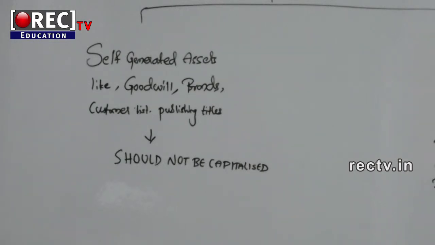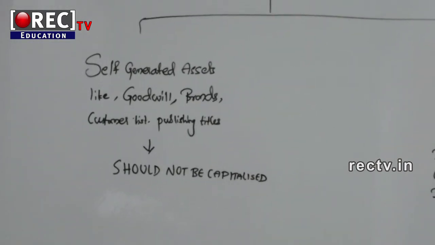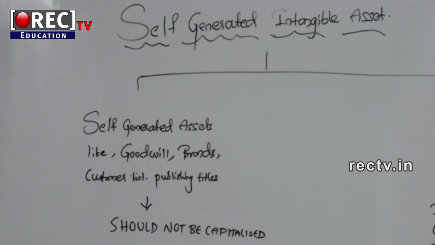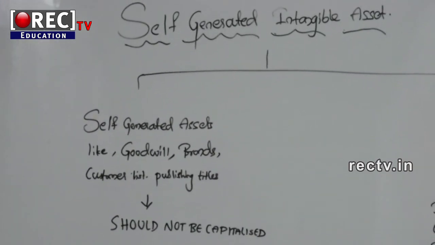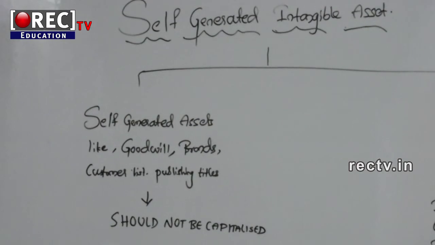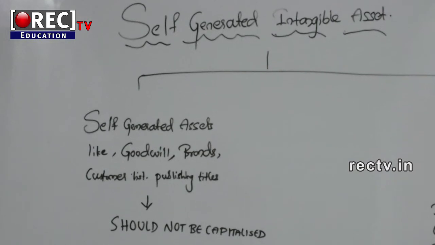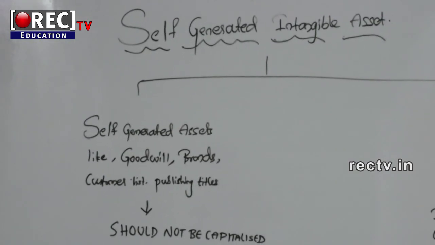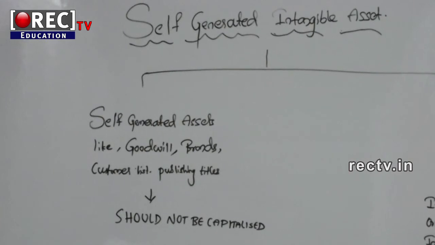We have explained why goodwill does not appear in the balance sheet for companies like Reliance, Tata, Audi and so on. The reason is that we can't determine the cost now itself.